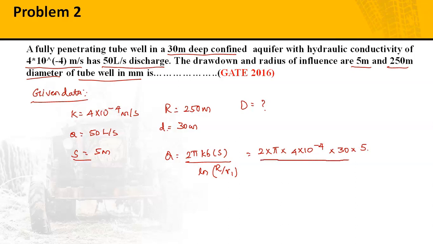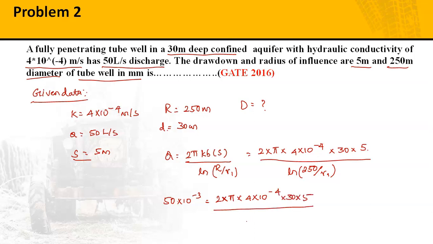So 5 divided by ln of radius of influence 250 divided by R1. So Q they have given 50 liter per second. You can convert this into meter cube per second. So 50 into 10 to the power of minus 3 is equal to 2 into pi into 4 into 10 to the power of minus 4 into 30 into 5 divided by ln of 250 by R1.